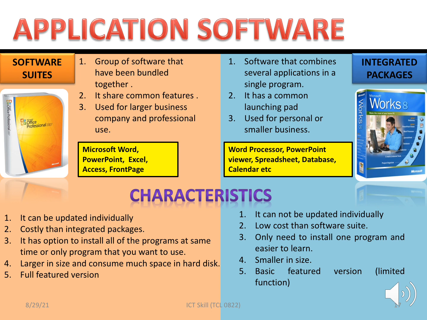What is the characteristic of the software suite? Of course, it can be updated individually because, although it is a group, they are still separate software in one group. They have Word, Excel, Access, and PowerPoint, for example, and we can update individually. If you want to update Word only, you can.